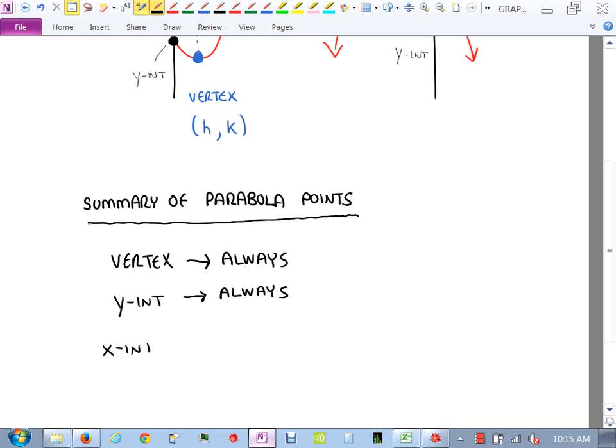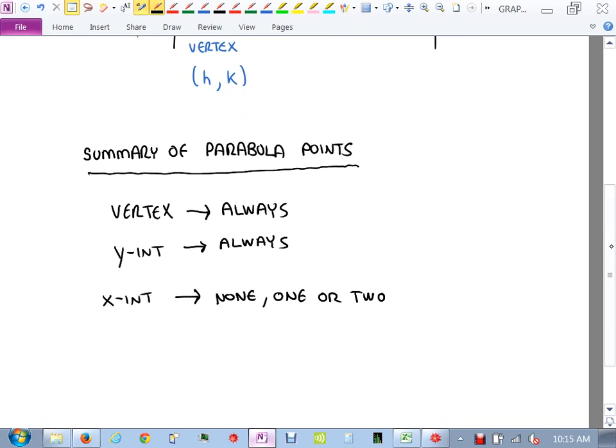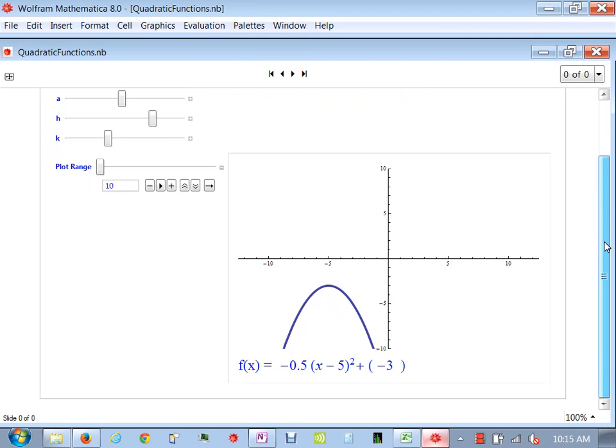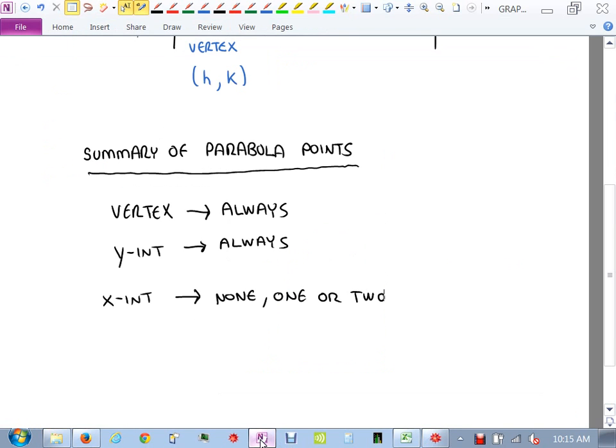The x-intercept will be none, 1, or 2. Is it possible to have 3? Can you have 3 x-intercepts on a parabola? I mean, we've said this is what a parabola looks like. The most it'll ever hit is 2 places. That's it. So we have none, 1, or 2. Is that all right?